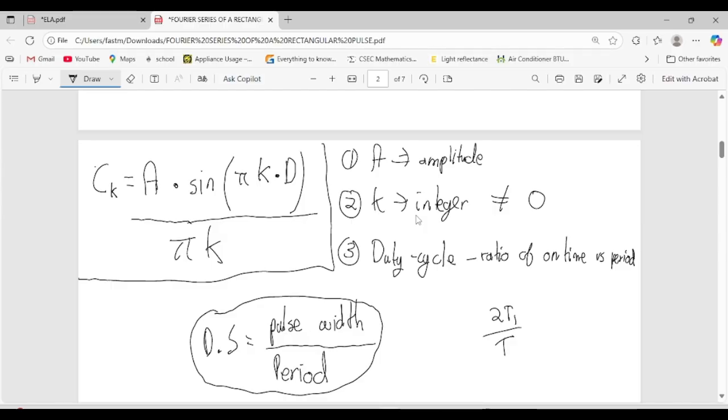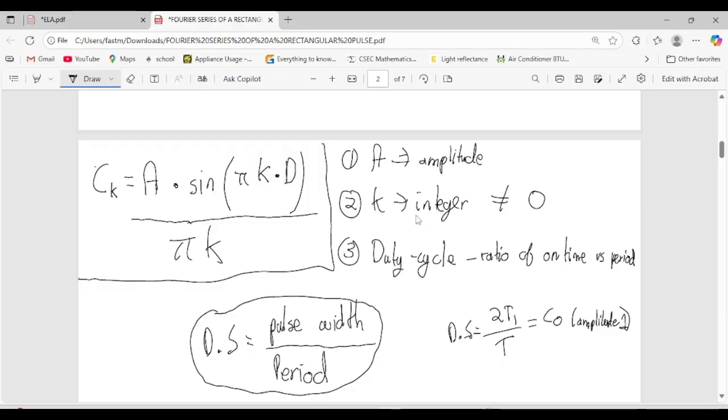But if you notice, this 2t1 on T is your duty cycle, and it's also similar to your C0, assuming that the amplitude is 1. So the duty cycle and the DC component are similar, but don't mix them up. It's not the same thing, okay? Because C0 takes the amplitude into consideration.